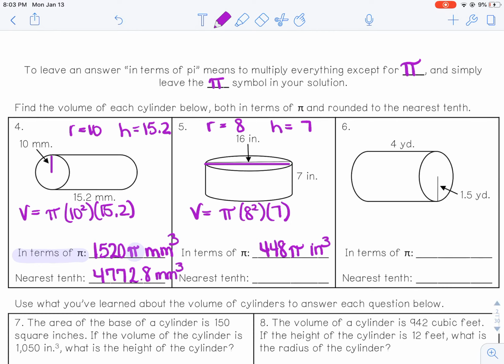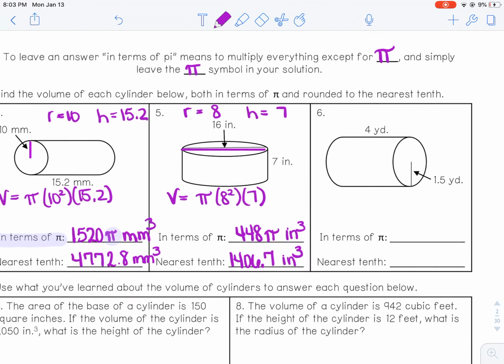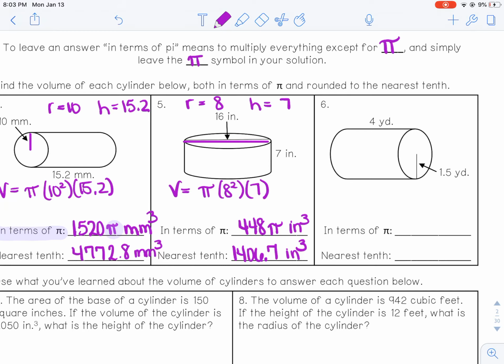If you multiply that times 3.14 to the nearest tenth, it's going to be 1,406.7 cubic inches.